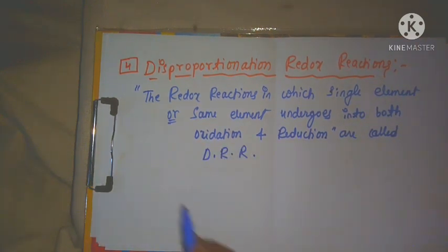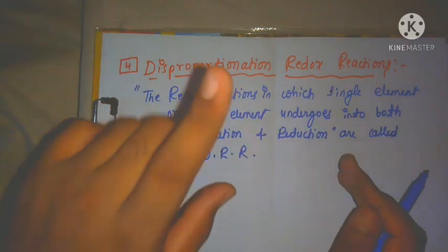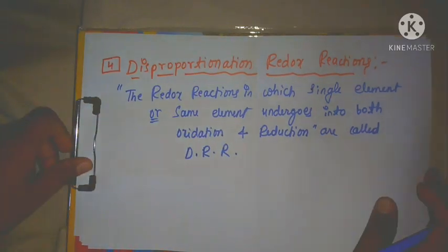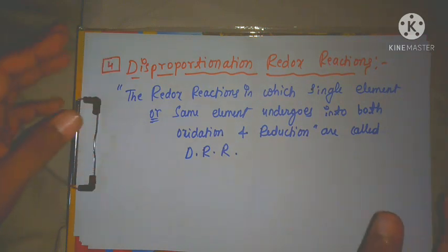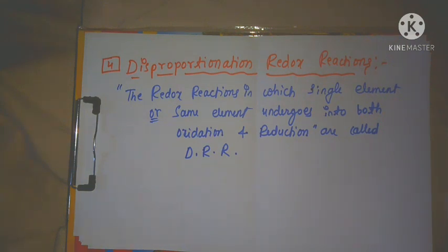Means the redox reactions in which the same element or single element undergoes both oxidation as well as reduction. Such types of reactions are called disproportionation redox reactions. I will write the best examples. Just check it, I will write the best examples here.